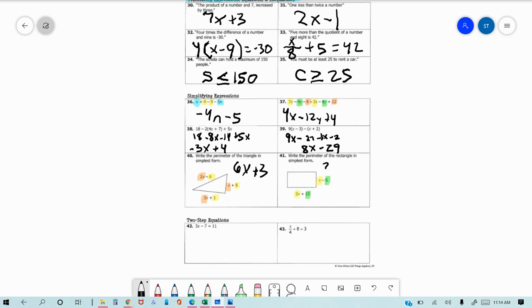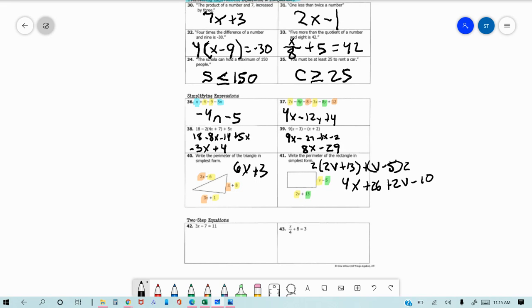So you would have 2v plus 13 times 2 plus v minus 5 times 2, okay? So you would have 4v plus 26 plus 2v minus 10.